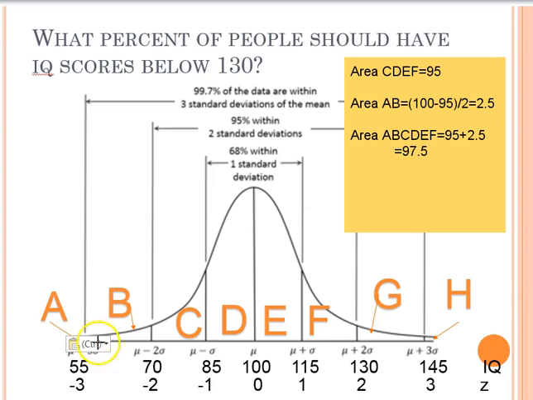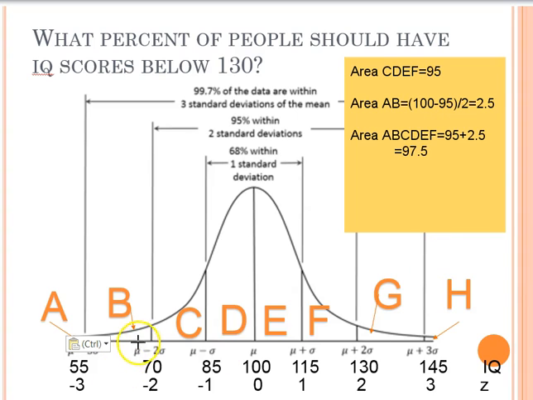So that's part of the area that we want. But we also know that people below 70 also have an IQ below 130. And so we want to include area A and B into consideration. And so area A and B we can find by subtracting out 95 from 100. That will give us this lower tail and this upper tail, so everything outside of 2 standard deviations.